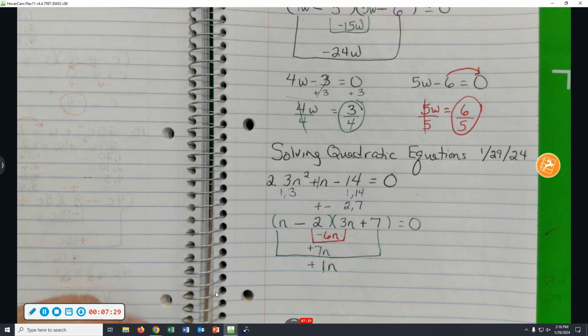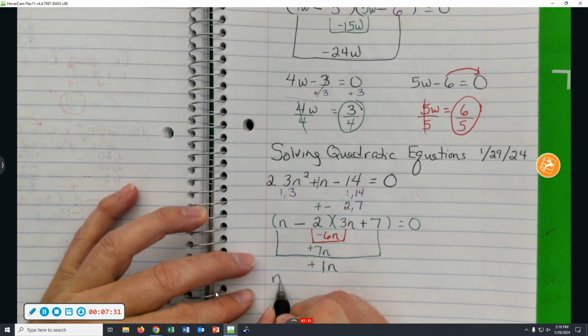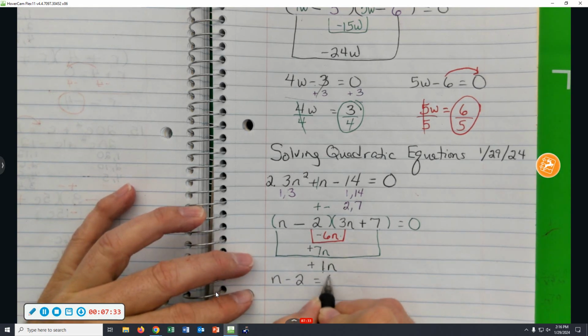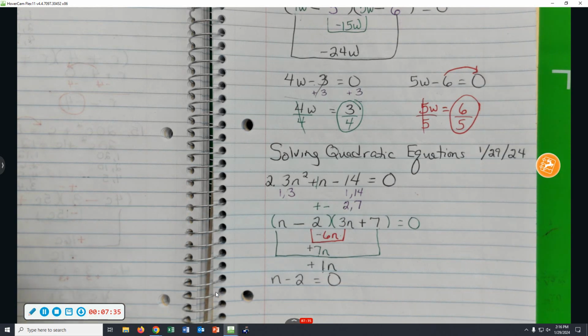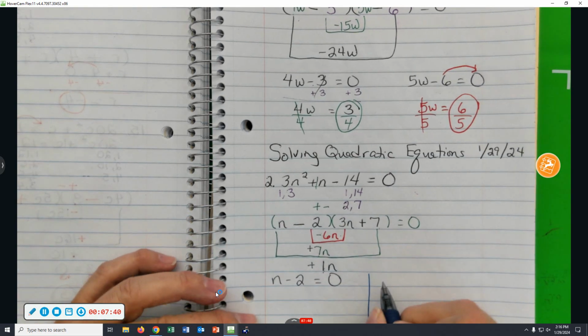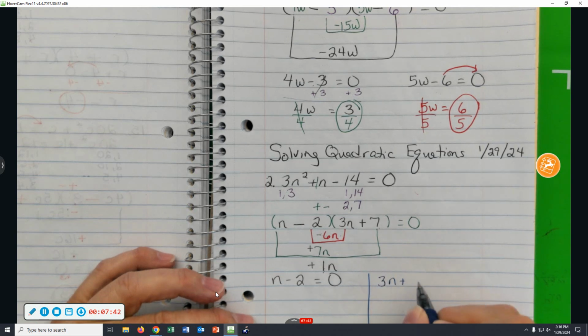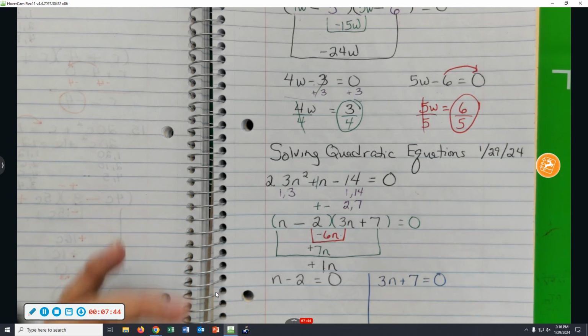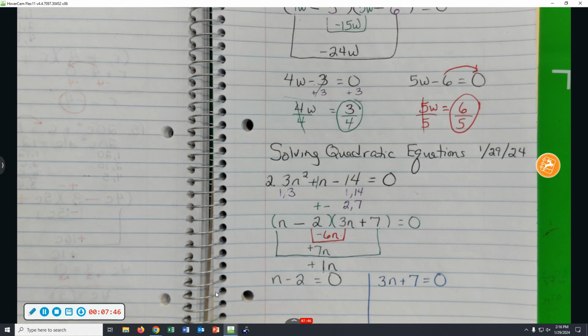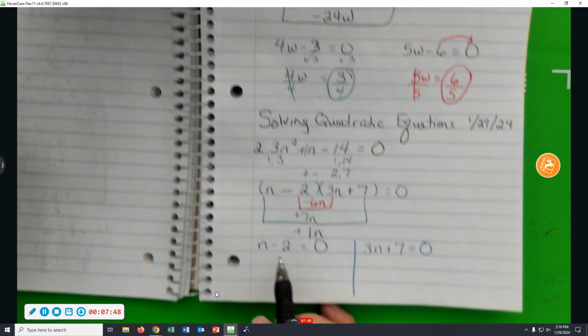And now, set each factor to 0. I'm running out of room, aren't I? So we have n minus 2 equals 0, and 3n plus 7 equals 0. So, move this up a little more.